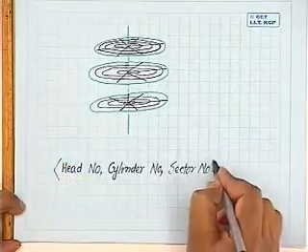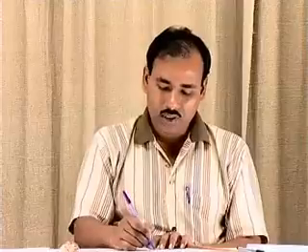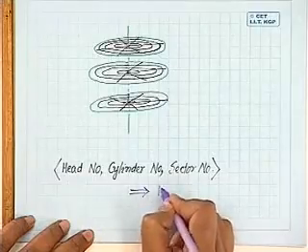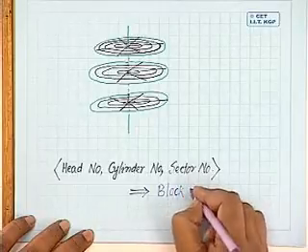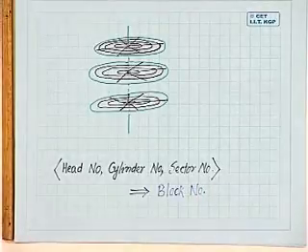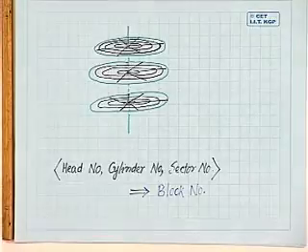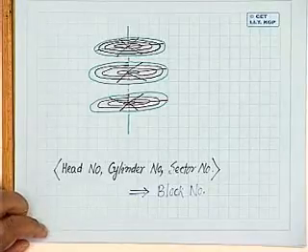So for accessing any block from the disk, I have to provide this three-component address: head number, cylinder number, and sector number, and all these three taken together is what is called a block number on the disk. And whenever I want to access anything from the disk, I have to access block by block, whether it is for reading purpose or for writing purpose.